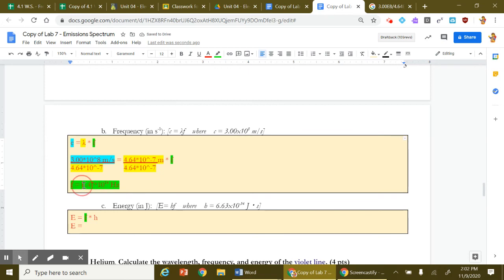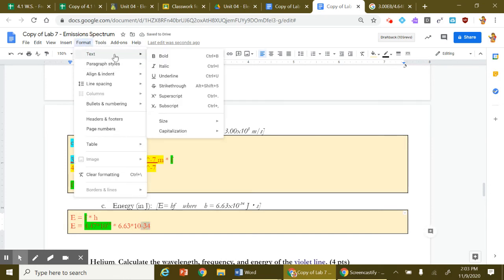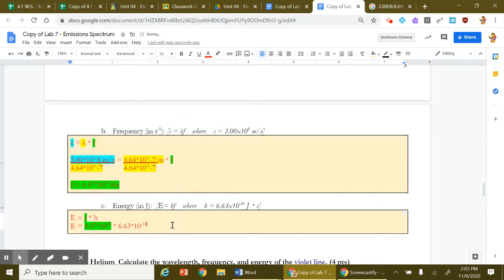Save yourself some time, guys. So it's going to be the frequency, 6.47 times 10 to the 14th hertz, times Planck's constant, which is 6.63 times 10 to the negative 34th. This is definitely one that you guys could just type in here.